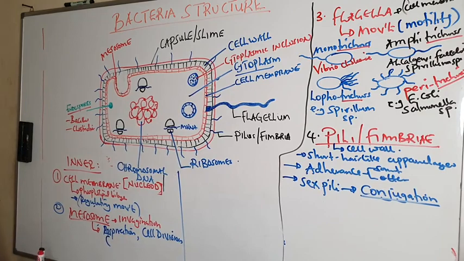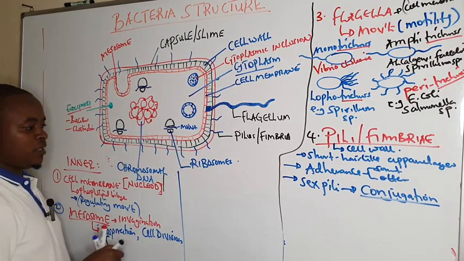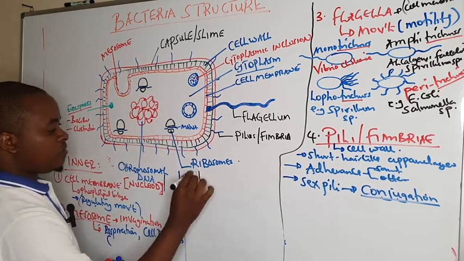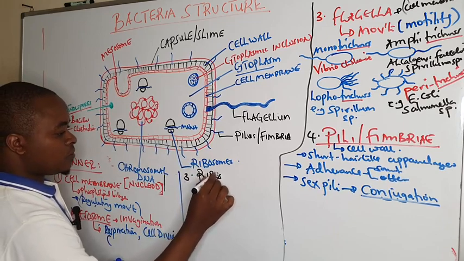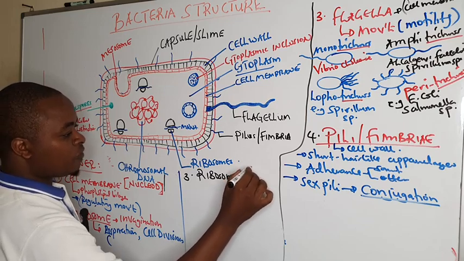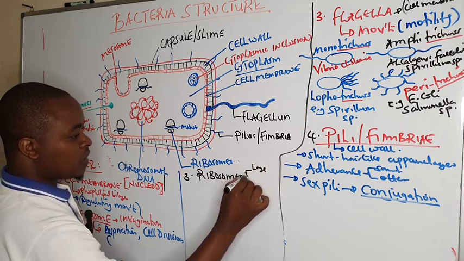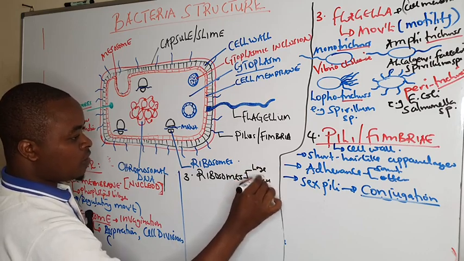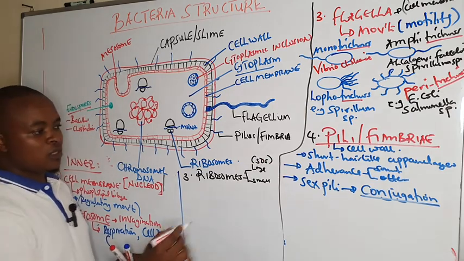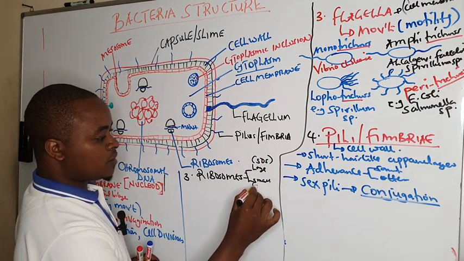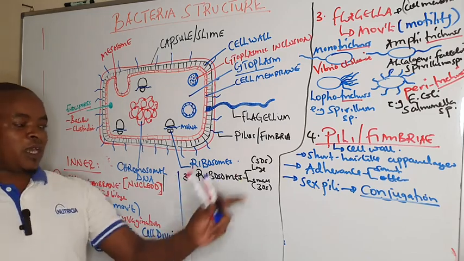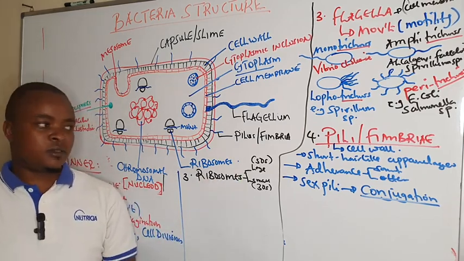So number 3, which we can talk about under the inner parts, is the ribosome. These ribosomes are made up of a large subunit and a small subunit, whereby the large is known as the 50S ribosomal subunit and the small is known as the 30S ribosomal subunit, and together they make what we call the 70S.